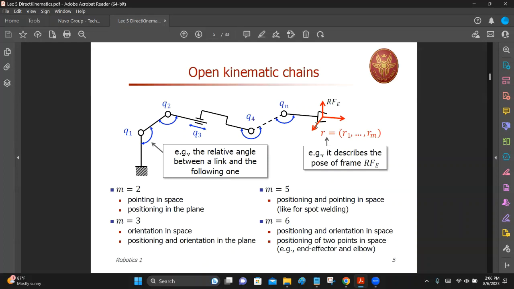An object can be placed at any x, y, z point, but with different orientations, vertically up, vertically down, horizontal, right? Like that. So the orientation is the orientation of this coordinate frame attached to the end effector. So there is a coordinate frame here. There's a coordinate frame here. At every joint, there's a coordinate frame. This is the last joint, there's a coordinate frame, and after that, you have the end effector, and there's a coordinate frame attached to that as well.